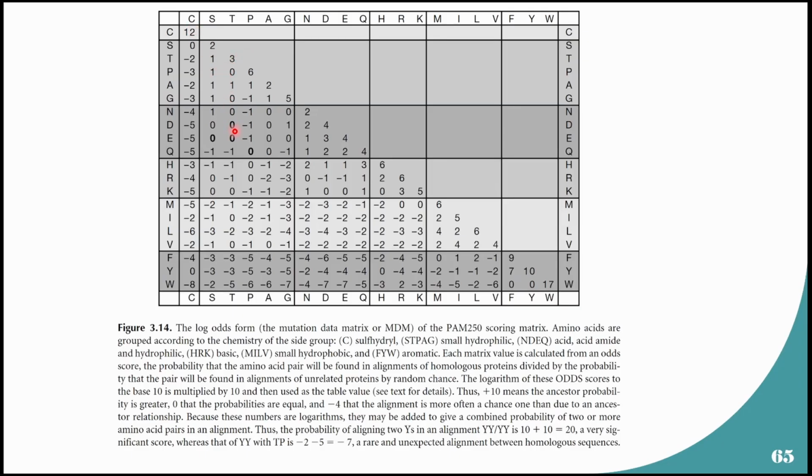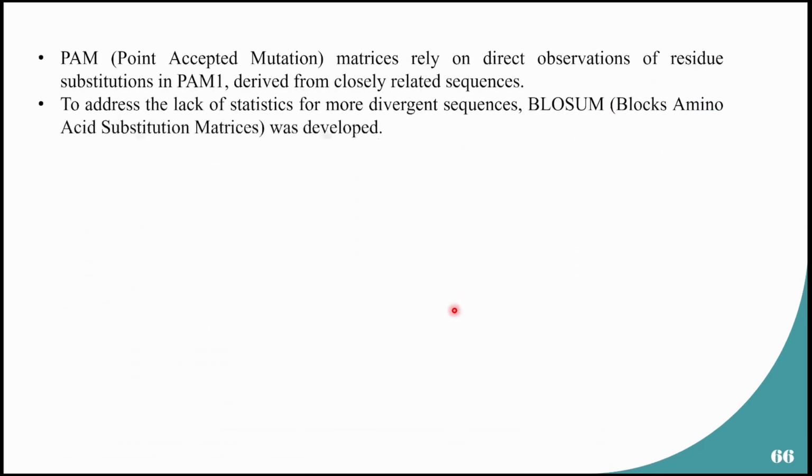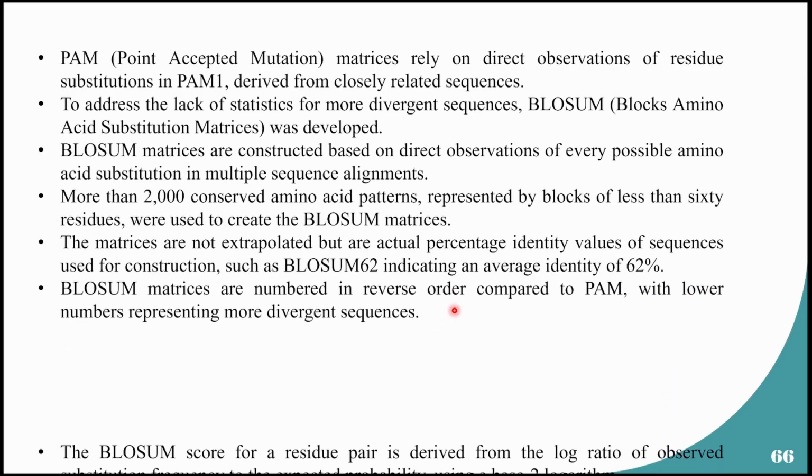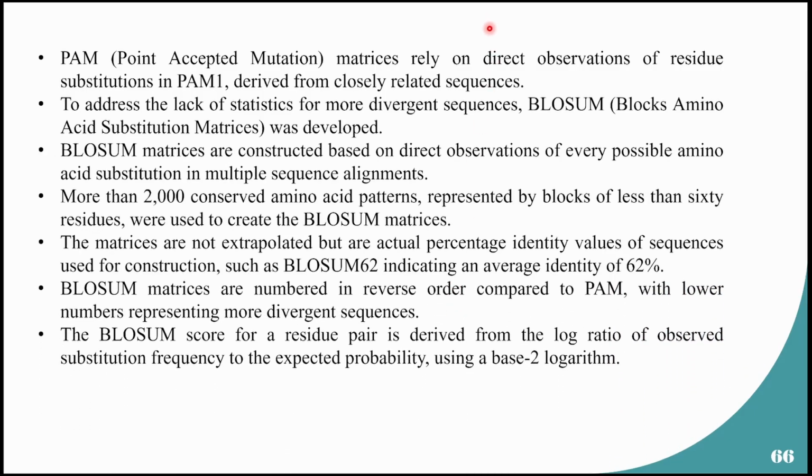And then for certain amino acid to amino acid transitions also, you can get the score here. So if it is a positive score, that means this transition could be favorable. If it's a negative score, that means the transition, the mutation, is not favorable, right? So you can get that idea from here also. So that was the PAM matrix, and PAM matrices, of course, were developed from direct observations of closely related protein sequences.